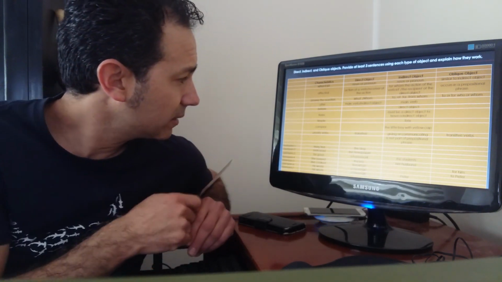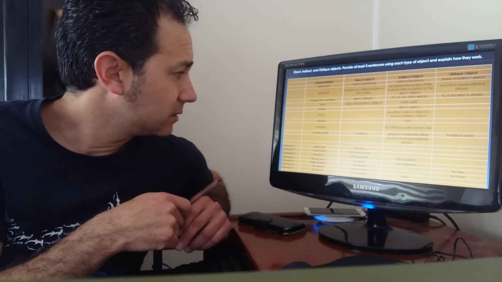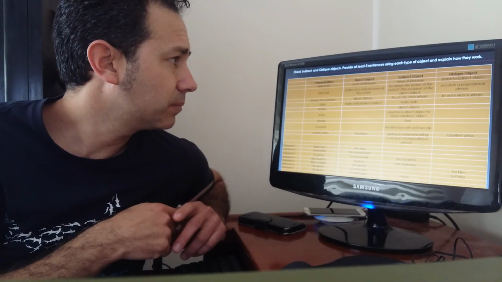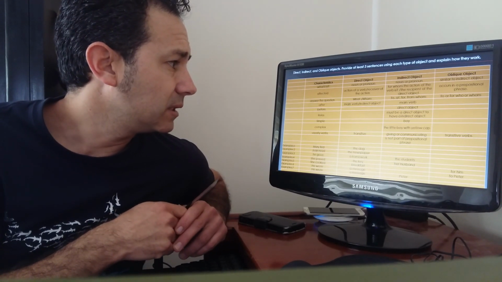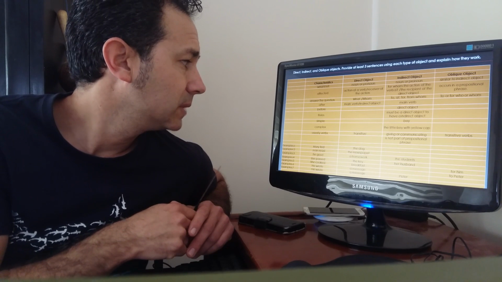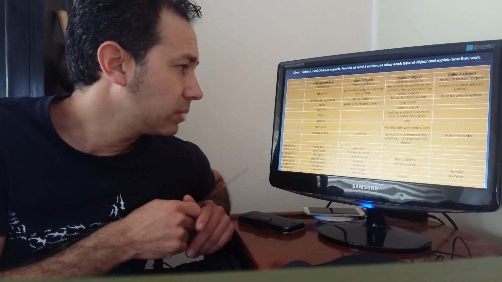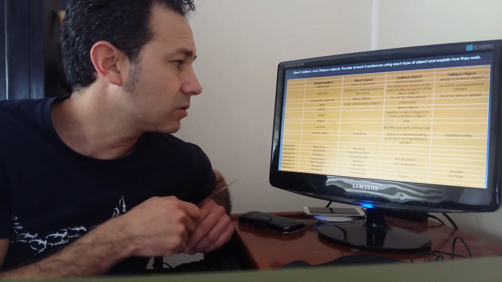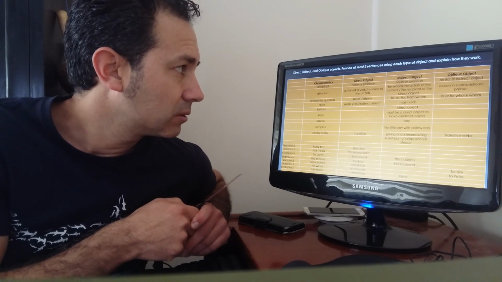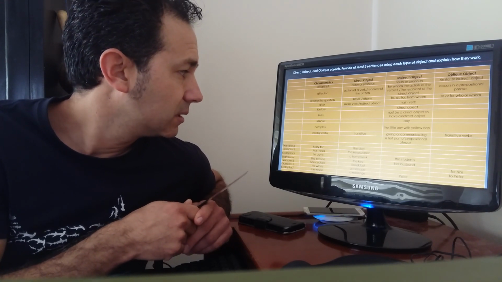Here I found this information that the simple indirect object is one word, like boy, a noun, and complex will be more information, more words, information related to the indirect object.